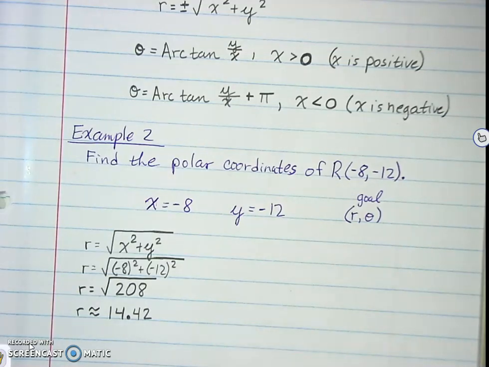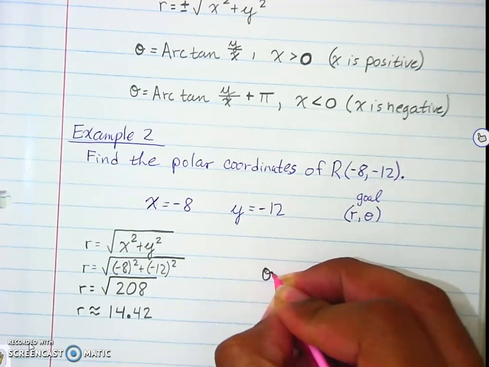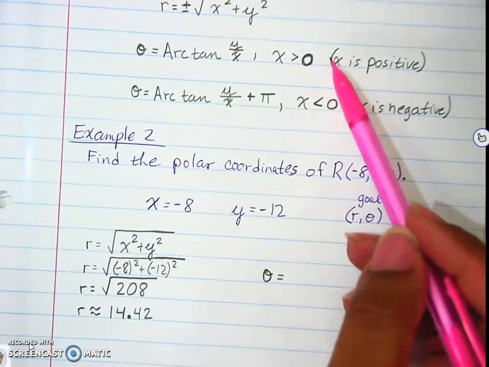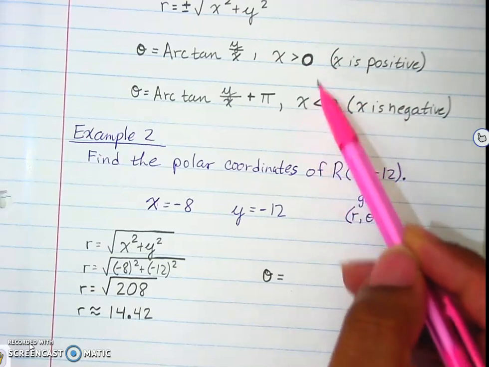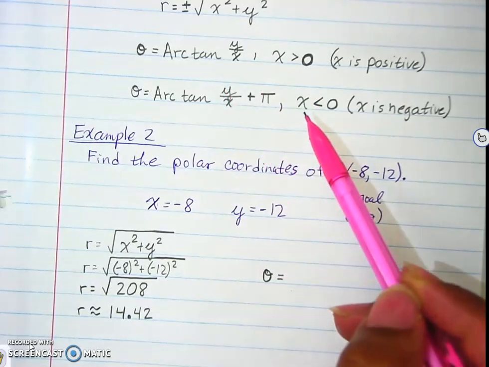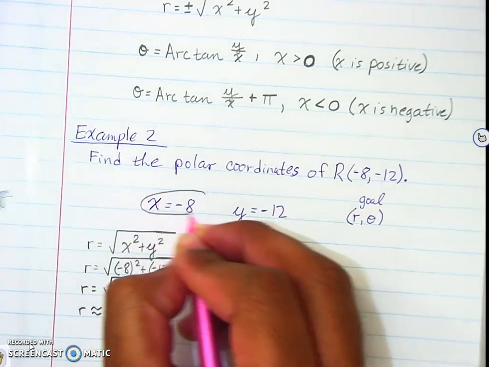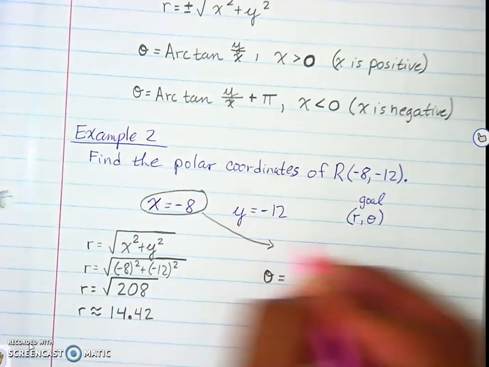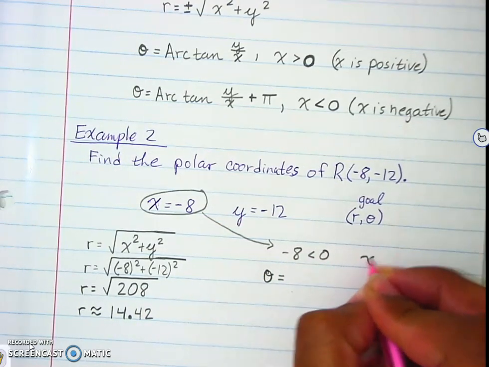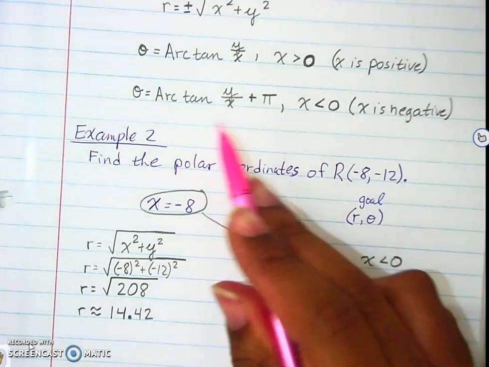Okay. Now we also have to find our theta. And I'm going to put this down on this next line here because I'm going to write something above it. Now, when it came to these two portions here, we said that if x is greater than 0, we use the first one, and if x is less than 0, we use the second one. But for this problem, we have x is equal to -8. We know -8 is less than 0, so that means we have to use this second formula.